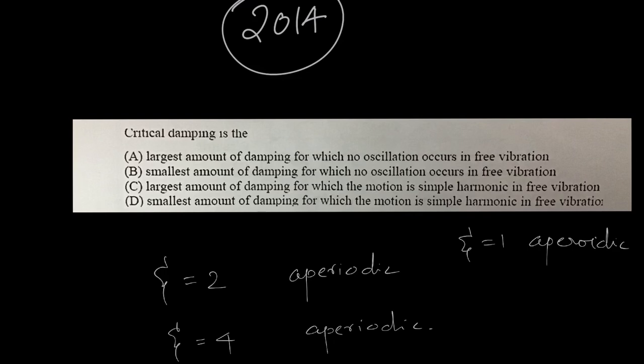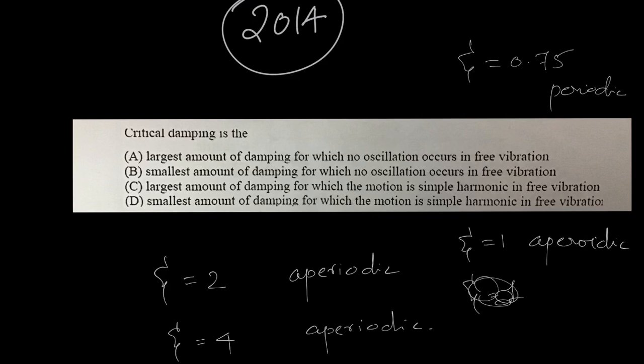The second one: it is the smallest amount of damping for which no oscillation occurs in free vibration. Again, let's think of a case where zeta is 0.5. Then we have a periodic motion. Then we have zeta equal to 1, which I have already written there, where the motion is aperiodic. So we can say it is the smallest amount of damping for which no oscillation occurs in free vibration.